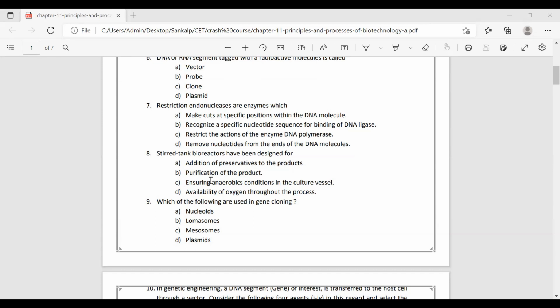So the eighth answer is option D, that is availability of oxygen throughout the process.